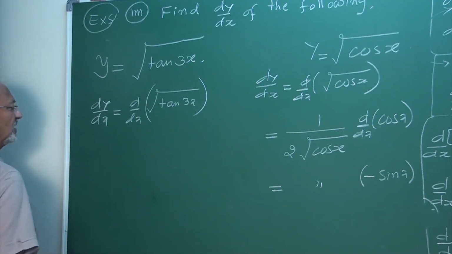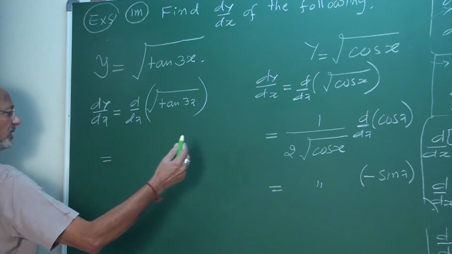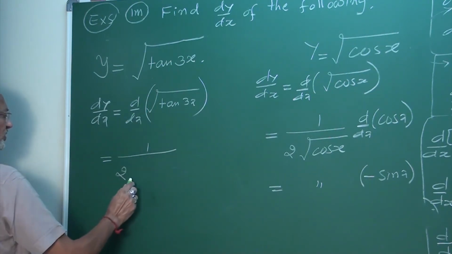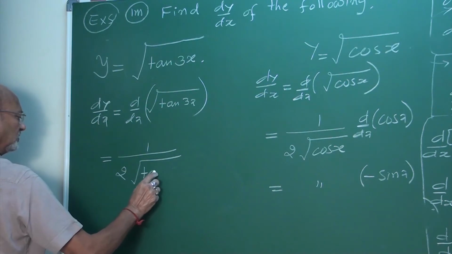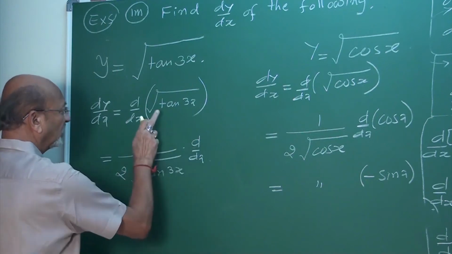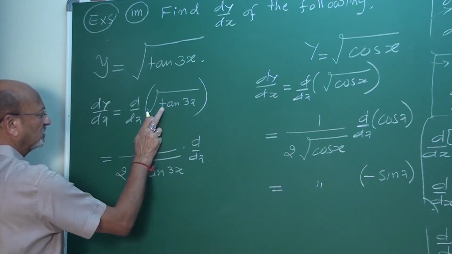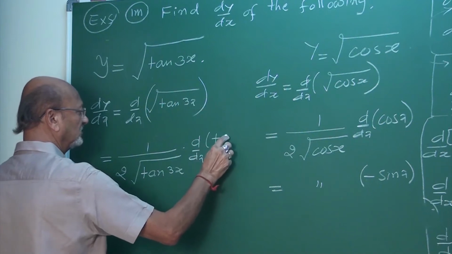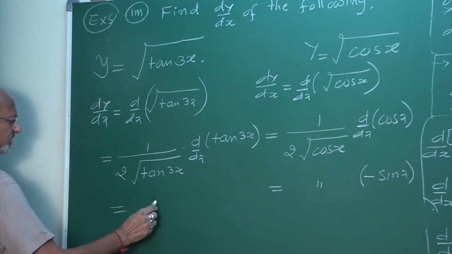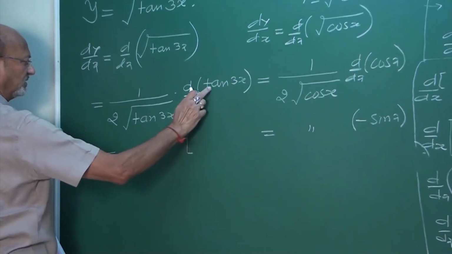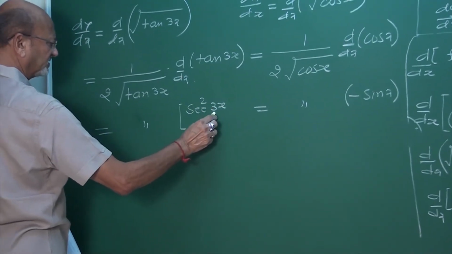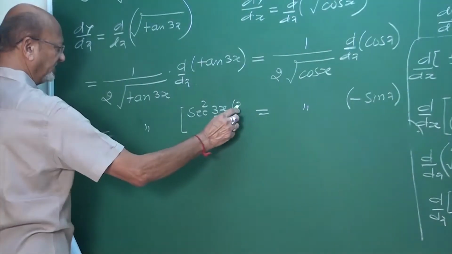Again, my friends, root means 1 by 2 root f, whatever it is, tan 3x, into d by dx of the function under the square root, which is tan. Use bracket here. Derivative of tan is sec square 3x. You can write here itself. Other than x, write its derivative.